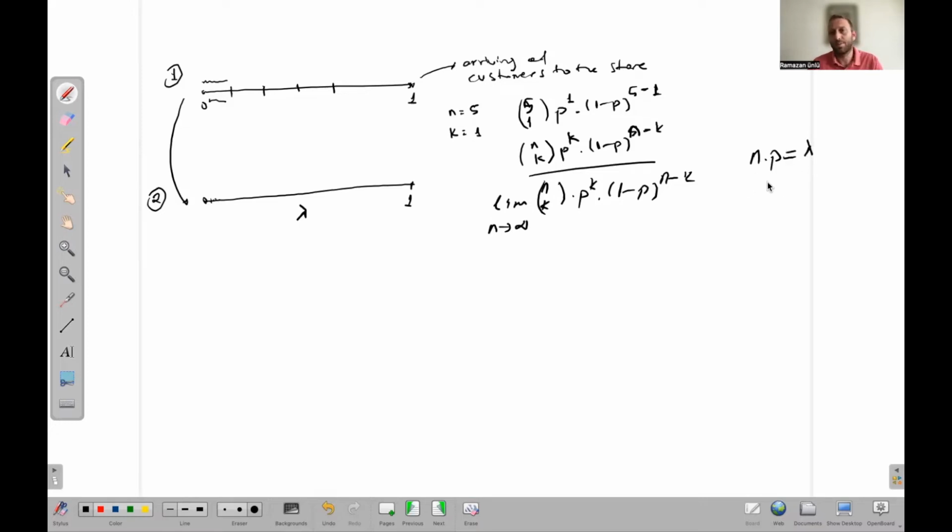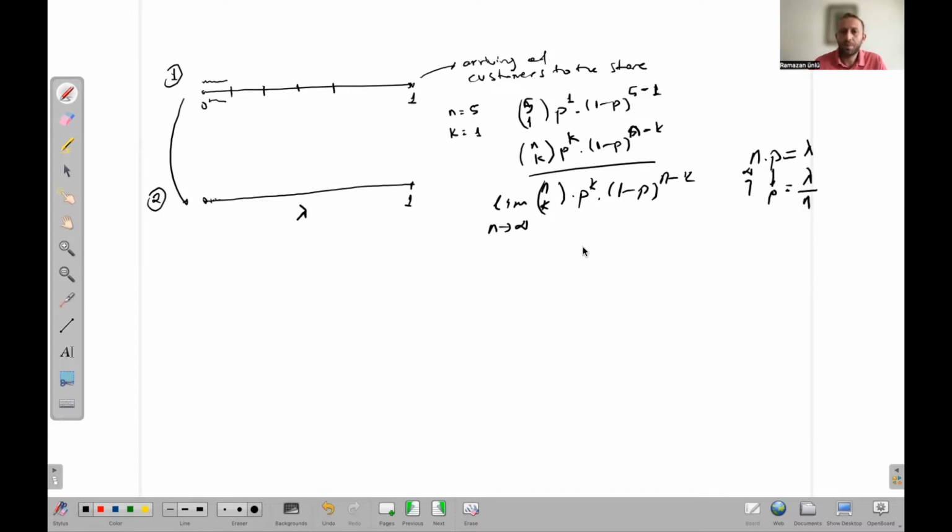When n goes to infinity, the probability goes to zero, so n times p will always be lambda. And I can write, instead of p, lambda divided by n.